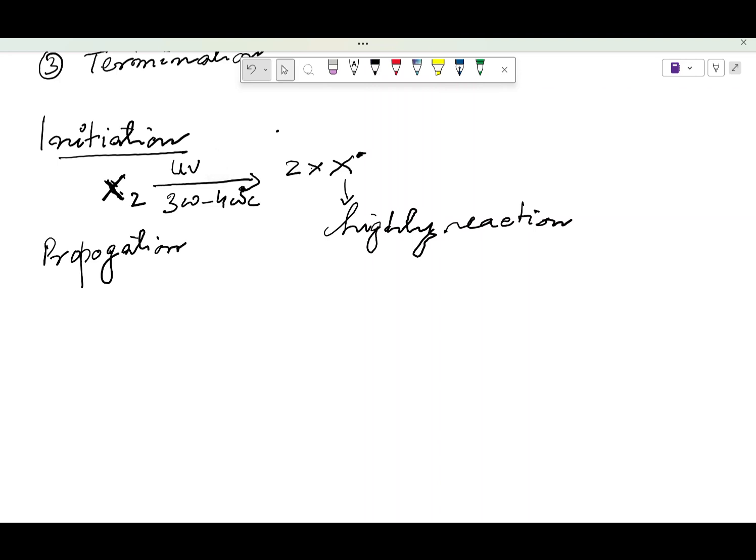Now, there are various propagation steps. The most common propagation steps are of four types.